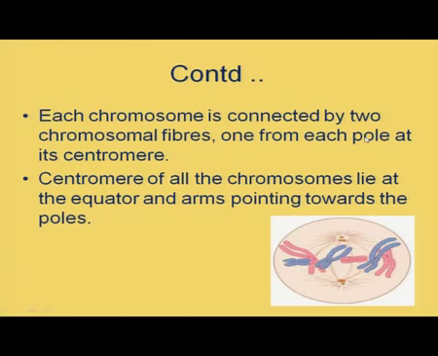One from each pole, and they are connected at the centromere part of the chromosome. The centromeres of all these chromosomes lie in the center, the equatorial plate. Now, the arms of the chromosomes are pointing towards the poles. Yet another identifying feature: the centromere will be at the center, the equatorial plate of the cell, and the arms are pointing towards the poles.